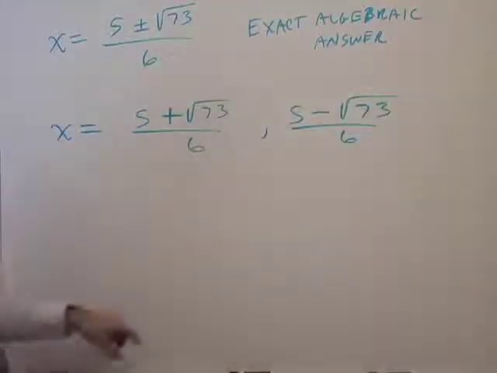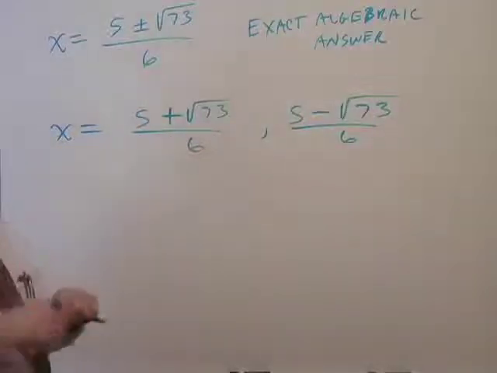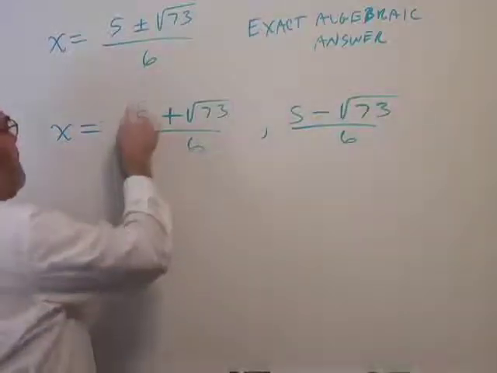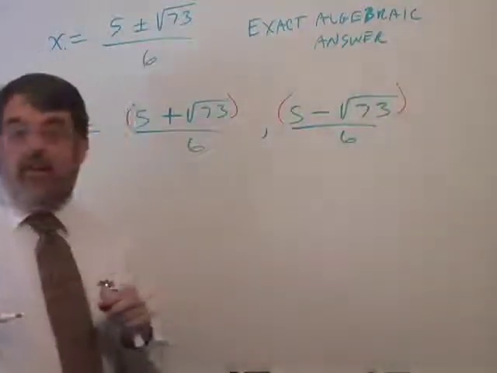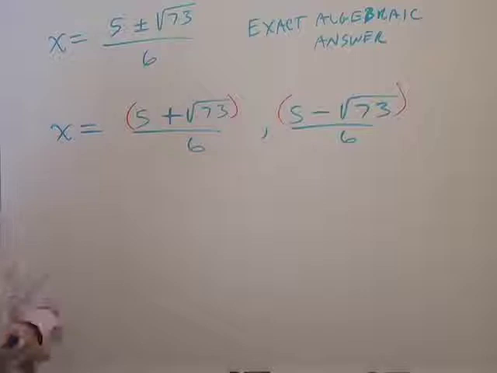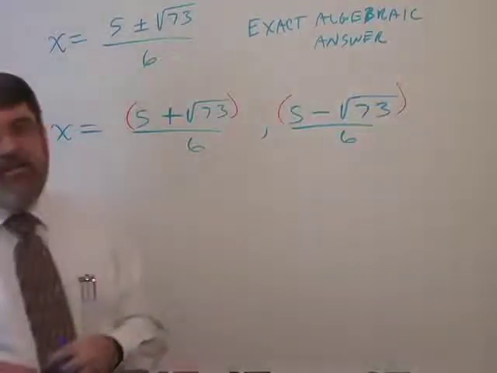And think about it this way: when you punch them on your calculator, think of the numerators as being in parentheses, because your calculator only understands the order of operations.